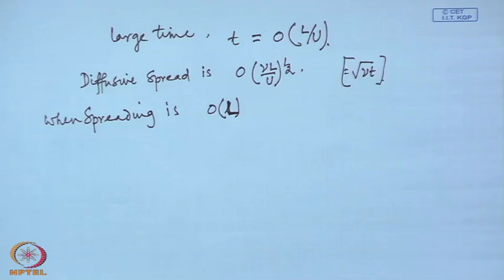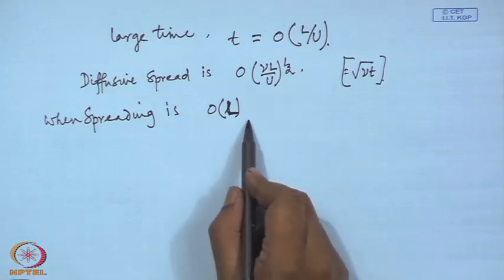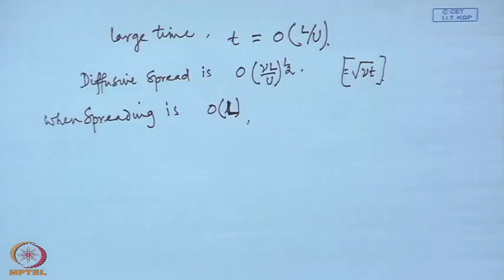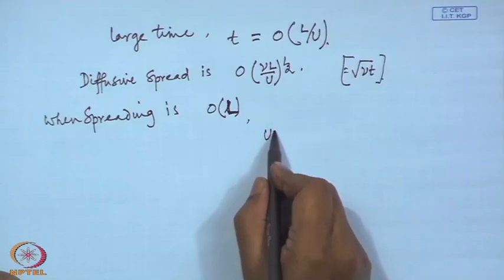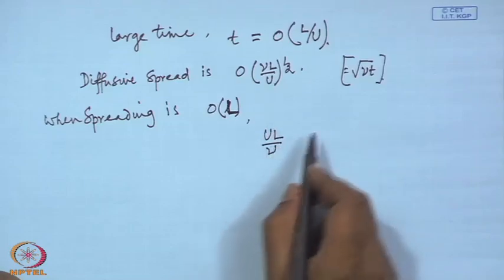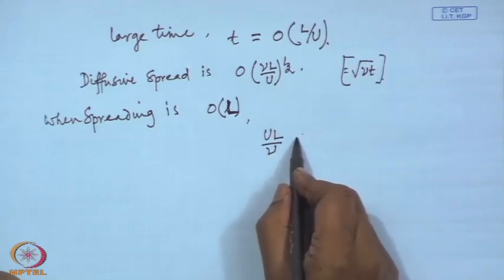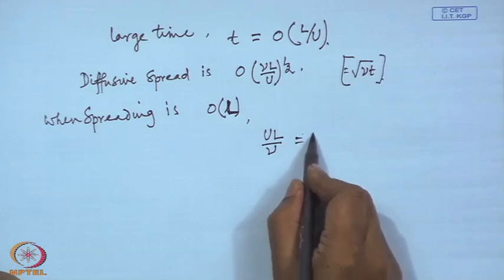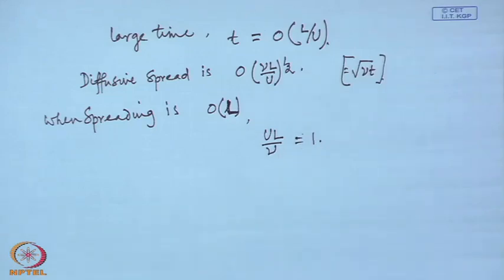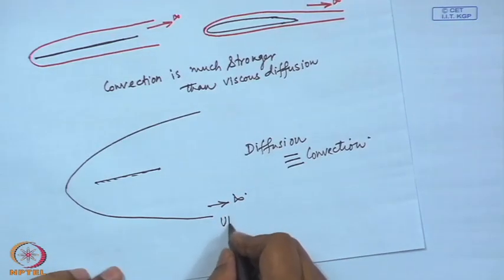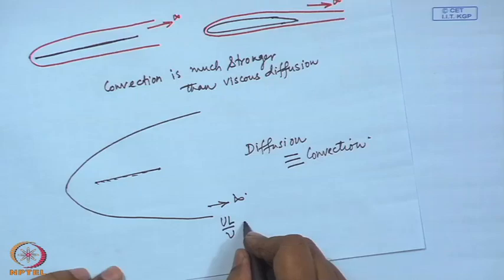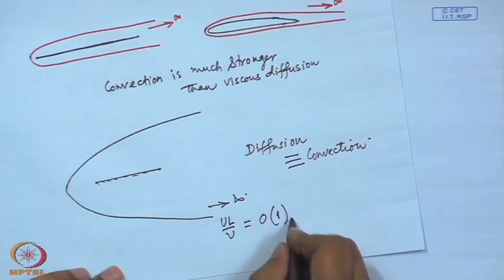What do we get from here? U L by nu is of the order of 1. So, this is the condition: U L by nu is of the order of 1.